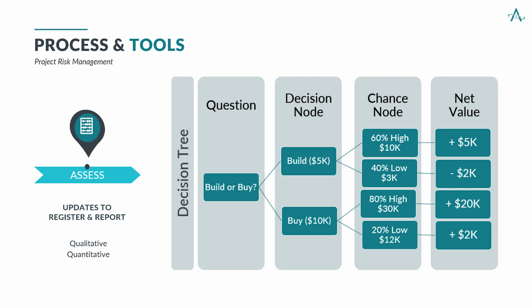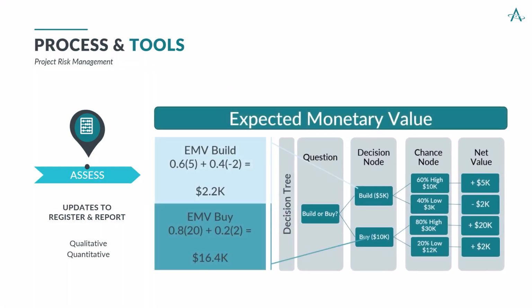But there's another tool that you could use when doing quantitative risk assessment, and that is expected monetary value. For example, you can take your percentages multiplied by your perceived net value and combine those. That's why, for example, on this build path, we did 0.6 times 5K, and then 0.4 times negative 2K.